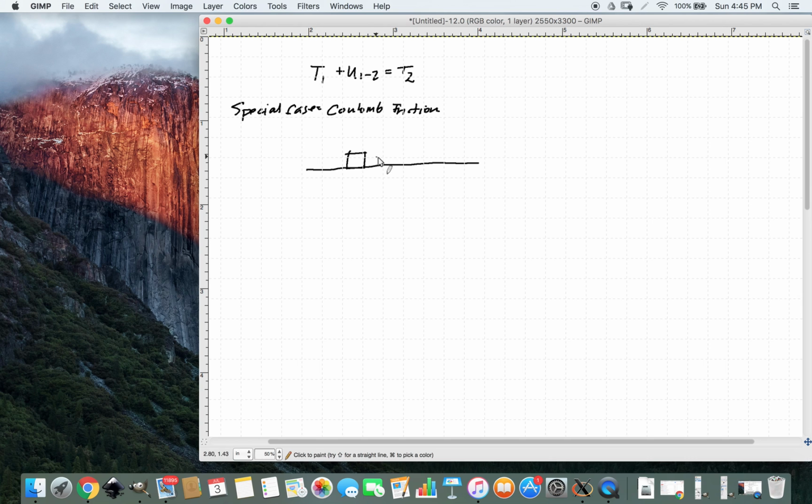So this block is moving forwards. At some time in the future, it will be here. Let's consider this special case where we have no change in speed because it's still moving to the right. It's also no change in velocity. So as this block moves some distance s, it maintains velocity v.